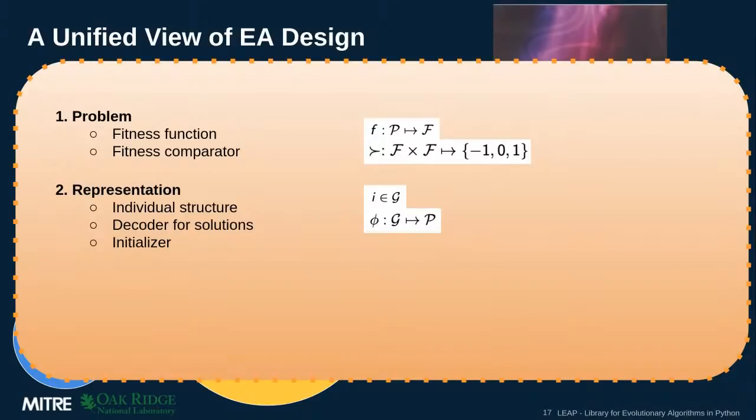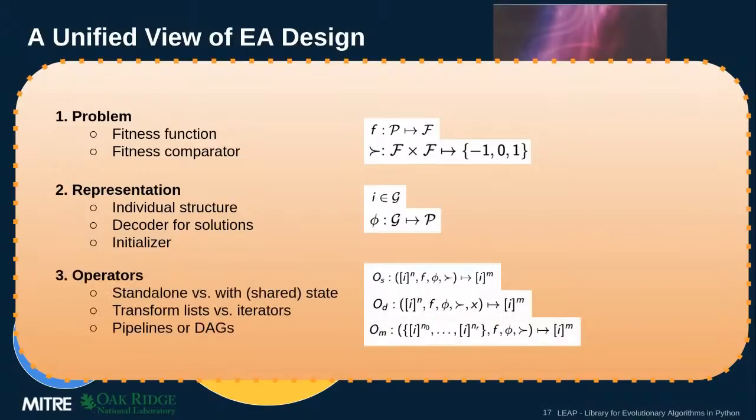So how do you create a neural network out of a string of weights, for example? And then three, very important for evolutionary work, is the operators. These are your variation and selection operators that produce new solutions out of old solutions via some kind of mechanism. So there's quite a bit of diversity in the different types of operators that get used in different algorithm families. So we put a lot of thought into this part of the framework.